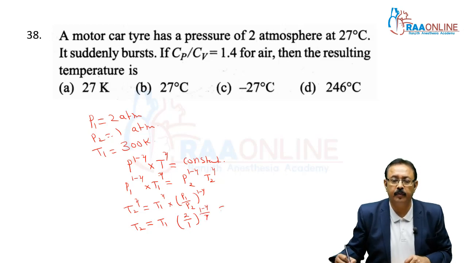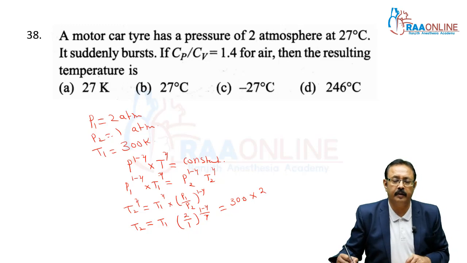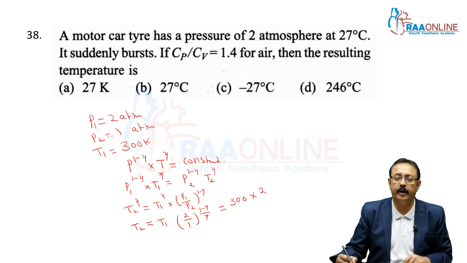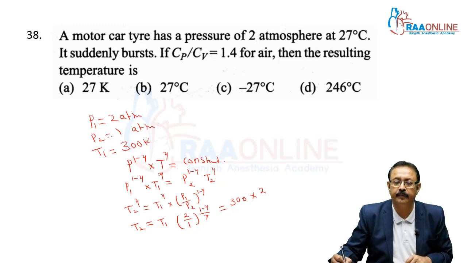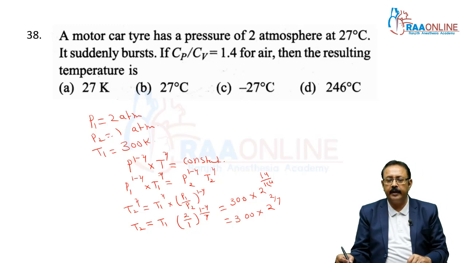So, we have to calculate 300 into 2 raised to the power 1 minus gamma, means 0.4 upon 1.4. Remove the decimal, it means 2 by 7. 300 into 2 raised to the power 2 by 7. So, approximately we can calculate.